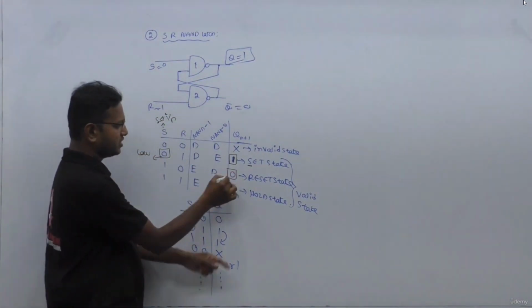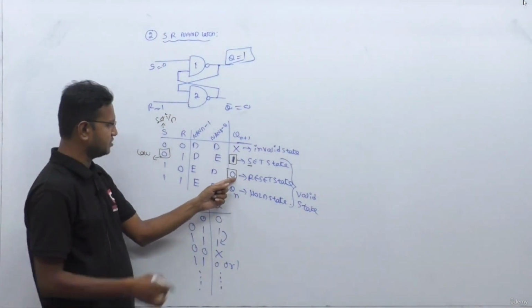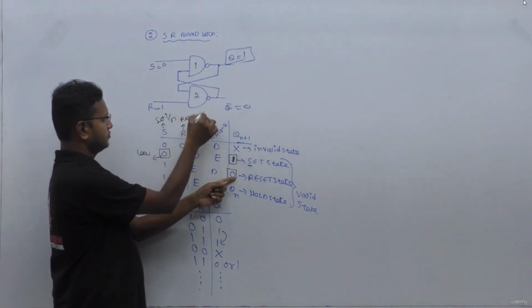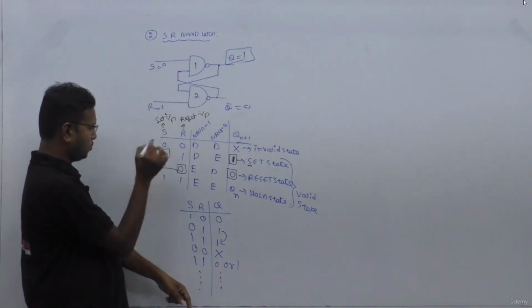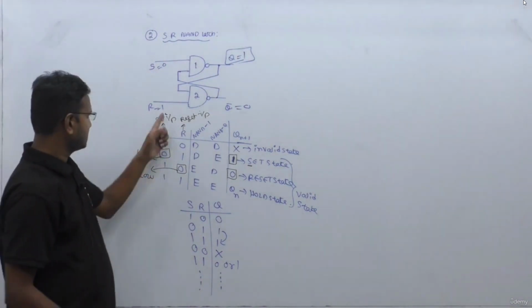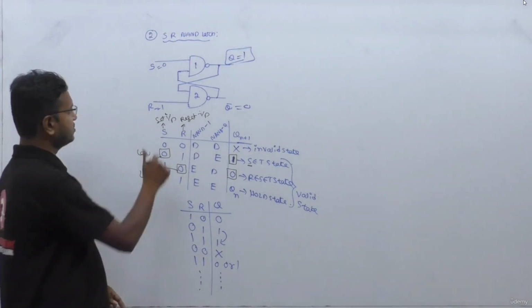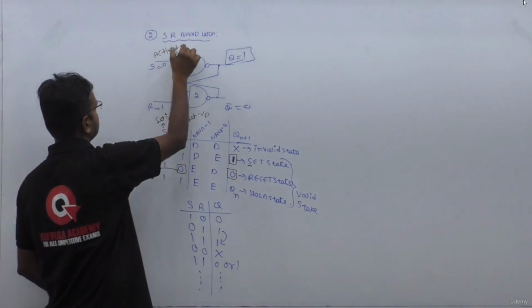And when the SR NAND latch is reset, check the reset input. Reset input is 0, 0 means low. Set is low, reset is low. That means this is called an active low SR latch.